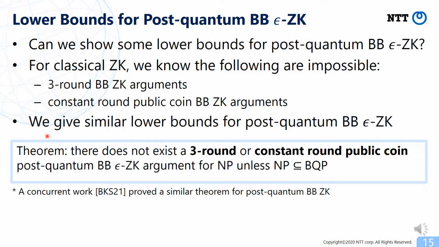That is, there doesn't exist a 3-round or constant round public coin post-quantum black box epsilon zero-knowledge argument for NP unless NP is contained in BQP. And I remark that this similar theorem was also proven in a concurrent work by Bitansky, Kerner, and Shmueli.